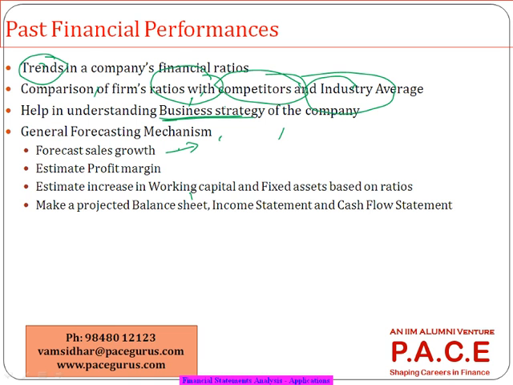Otherwise, people link it to the economy. When the GDP growth was around 8%, this company grew around 15%. So if next year the GDP growth is forecasted at only 6%, this company will probably grow only 12% or 13%. That is a slightly more advanced way of predicting your sales growth.